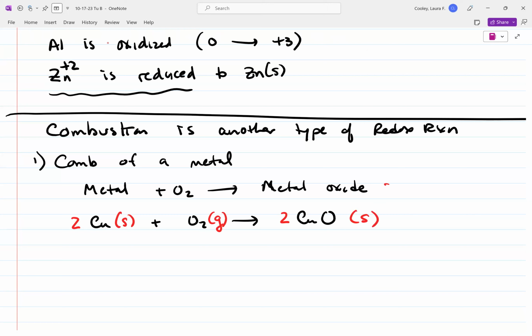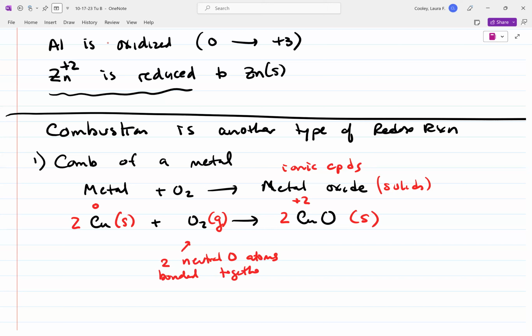Metal oxides are solids. Okay, they are also all ionic compounds. So what happened here is that copper that was 0 here was oxidized to copper 2+. And oxygen, now here we have 2 neutral O atoms bonded together. That's neutral, 0.